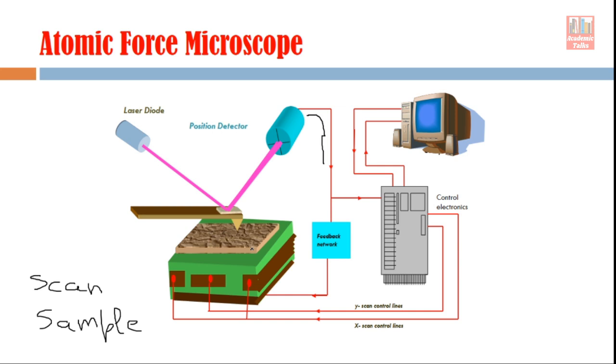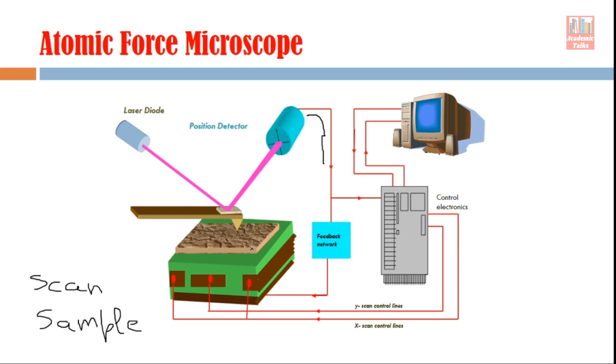Just like in STM, you know that if we maintain a constant gap between the tip and sample surface, that gives us the maximum resolution. So here also our purpose is to maintain a fixed gap between the tip and the sample surface, and in order to ensure that, we move the sample holder up and down depending upon the gap between tip and sample surface.